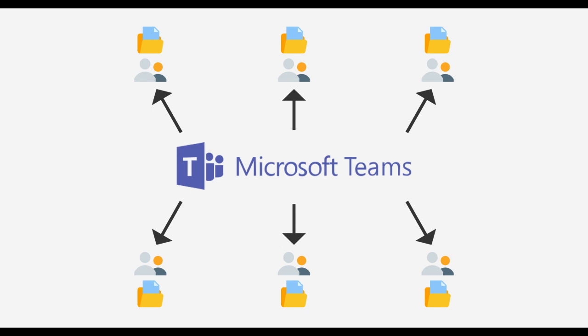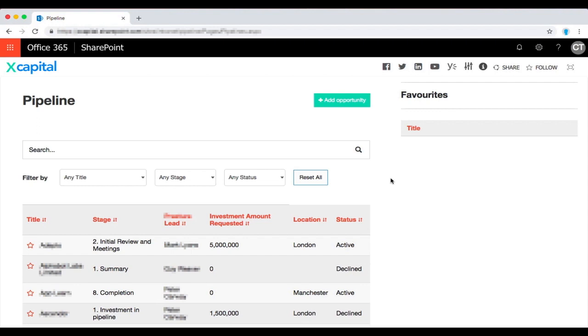So they wanted a way to make this a more standardized, more efficient and consistent process for evaluating their pipeline opportunities. So we integrated SharePoint with Teams, and this is what we have here.